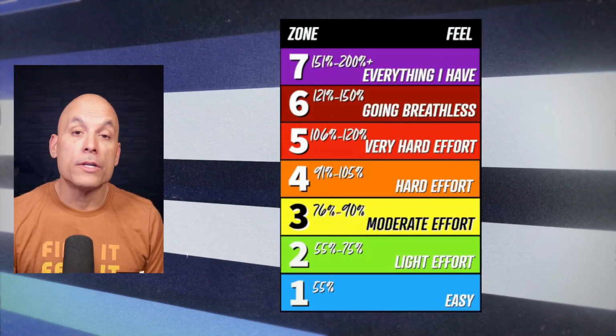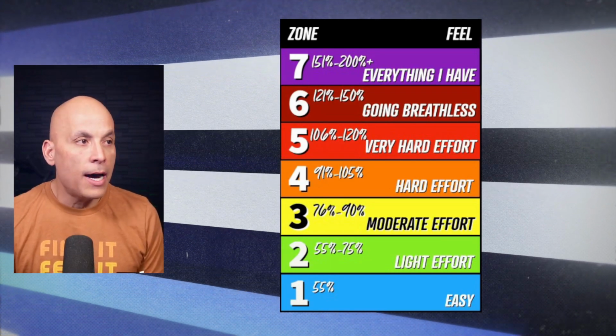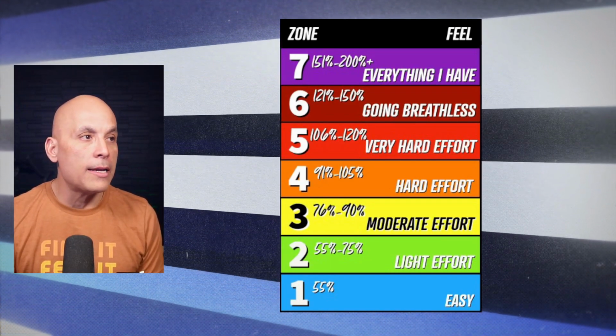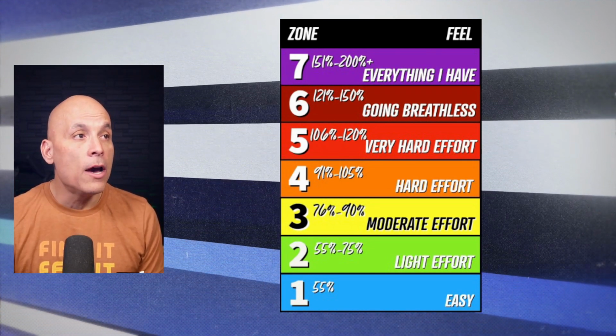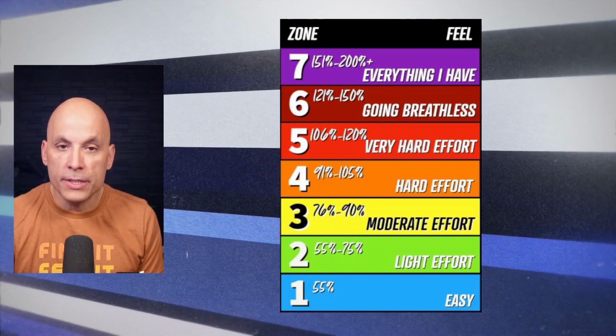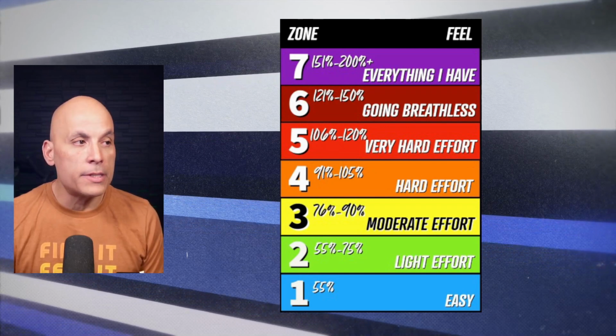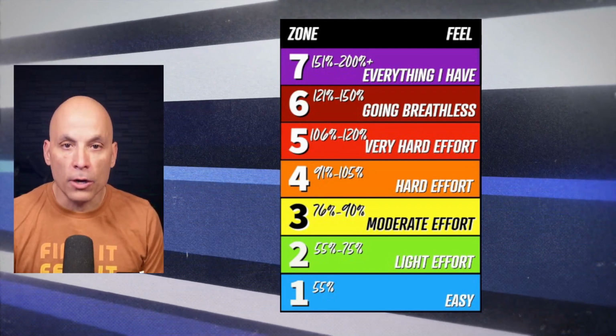Here is your Power Zone chart. Again, once you take the test, you're going to be able to see your zones, your output in these different color zones right here. So easy all the way up to everything I have. Now you're going to see a percentage. See the percentage there, 55%, 55 to 75%, 76 to 90%, and so on, right?